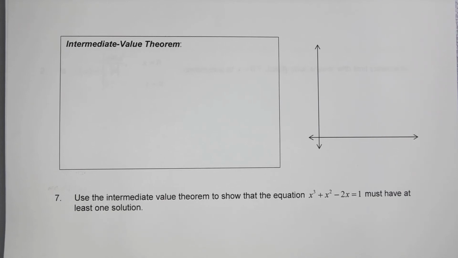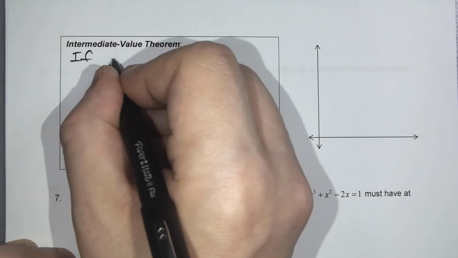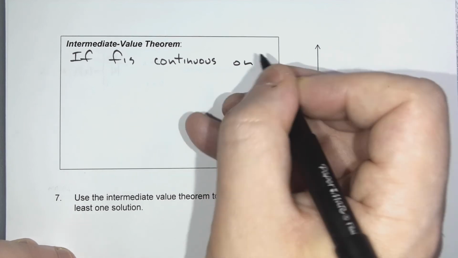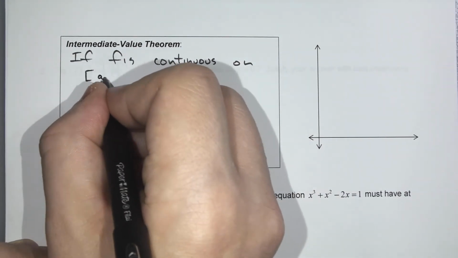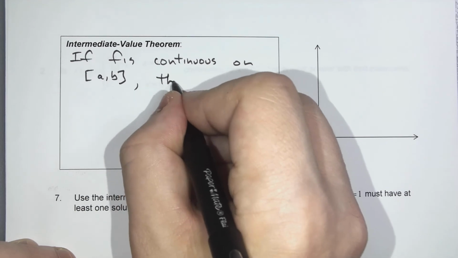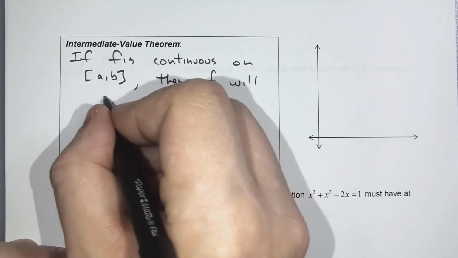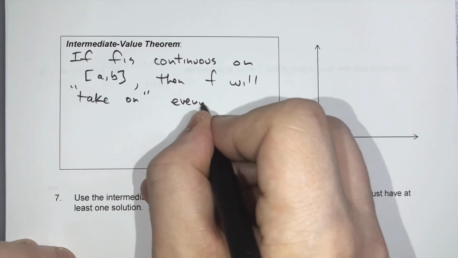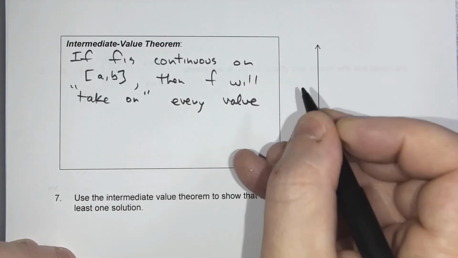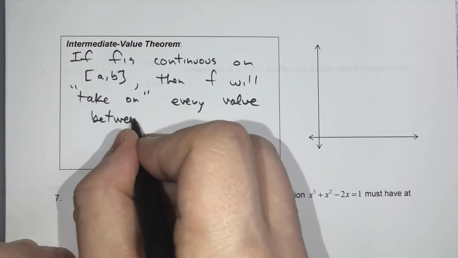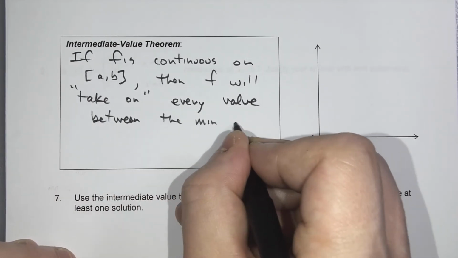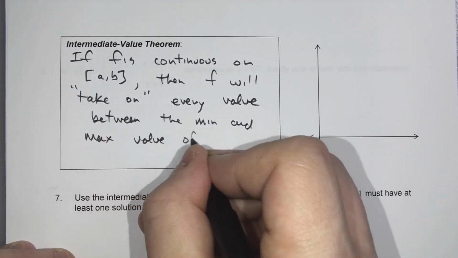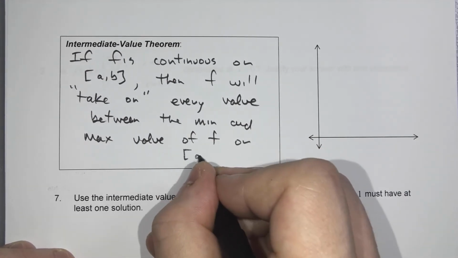What the intermediate value theorem says is that if f is continuous on some interval a to b, then f will take on every value between the minimum and maximum value of f on the interval.